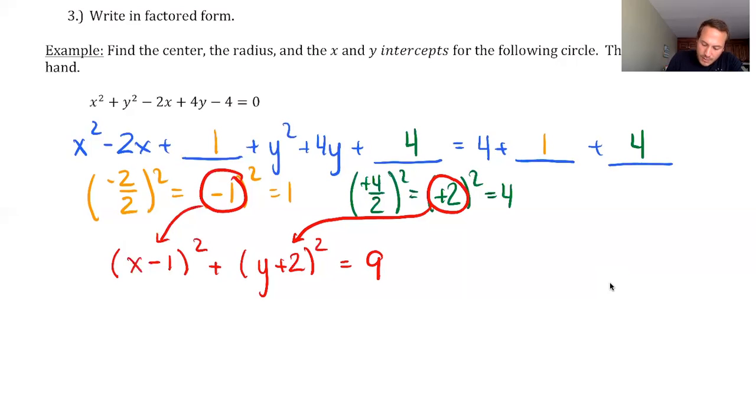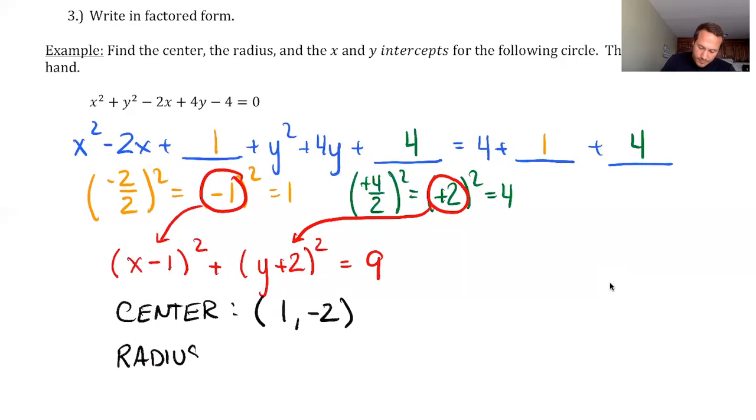My center of this circle is going to be 1, -2. How do I know that that's my center? I take the opposite of what's on the inside of those parentheses. My radius is going to be the square root of 9.